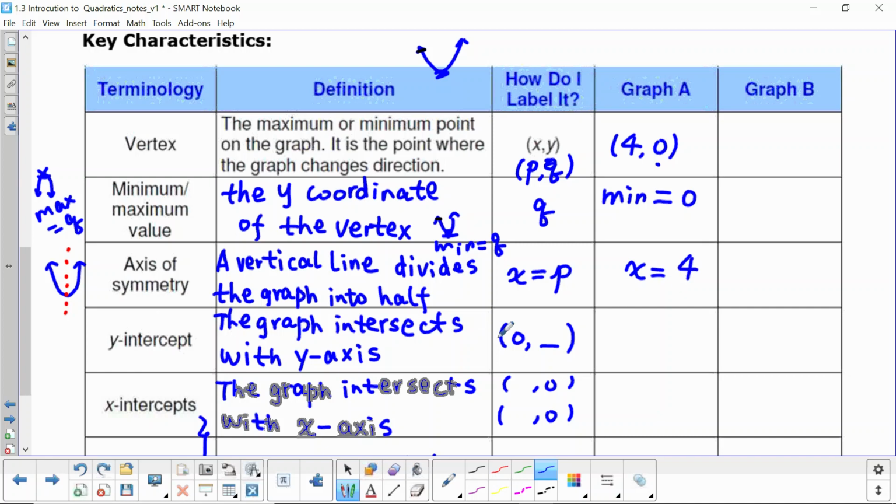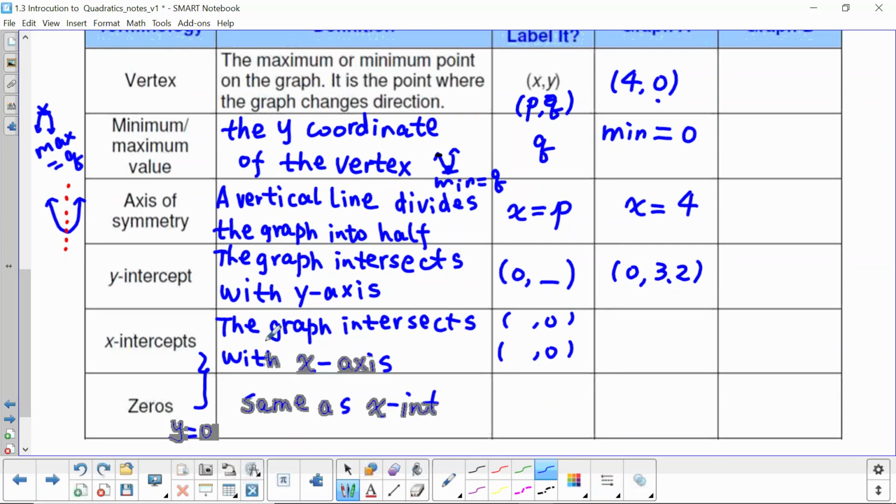And the y-intercept, we read it from the graph, is 0, 3.2. Or 3.1, 3.3 is approximately fine. And the x-intercept for this one is the vertex, and you have only one, or we call it two equal x-intercepts, two equal zeros. So that is for graph A.